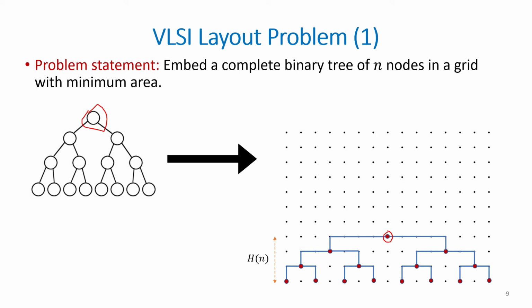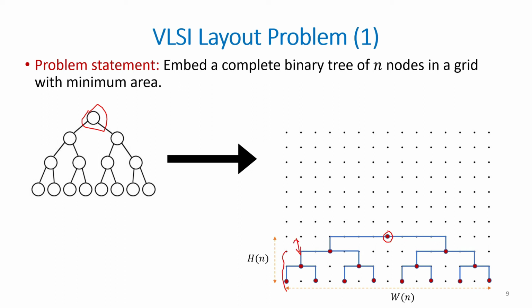If we denote the height of the tree by h of n and the width by w of n, we observe that as we move down from the root, the number of nodes in each subtree reduces to n over 2. Therefore, the height of the tree is the height of the subtree plus 1.